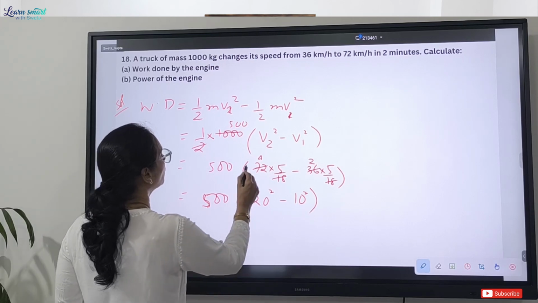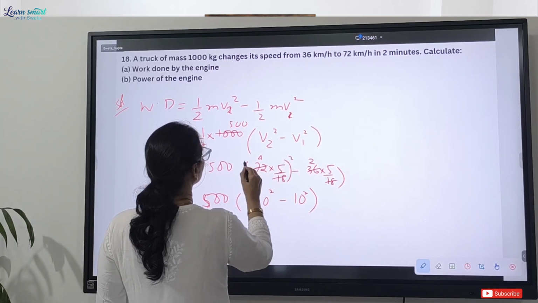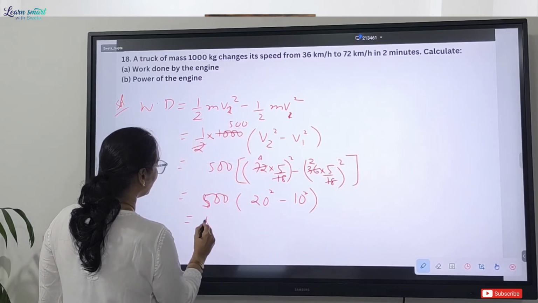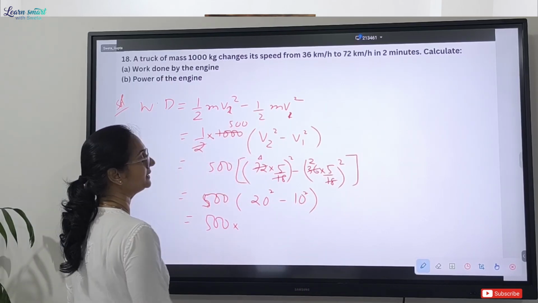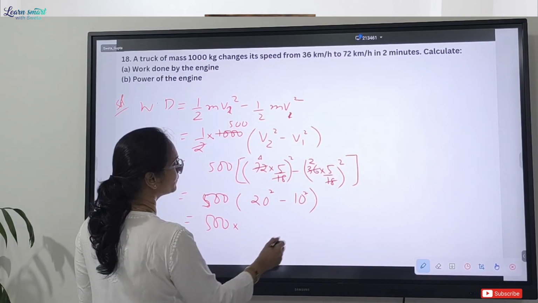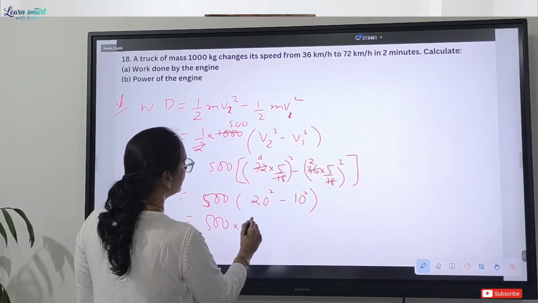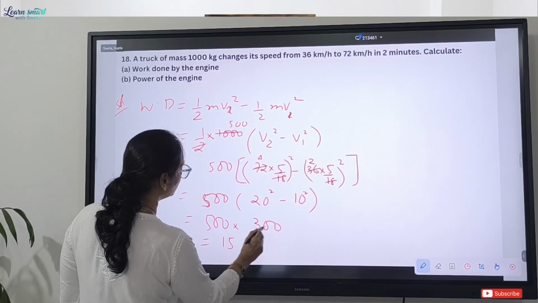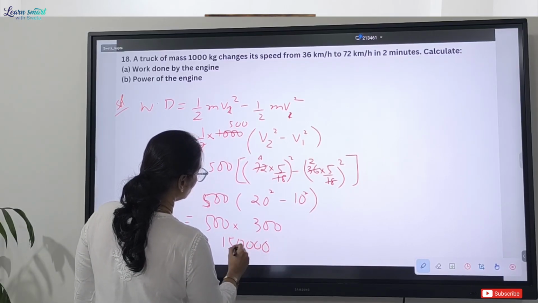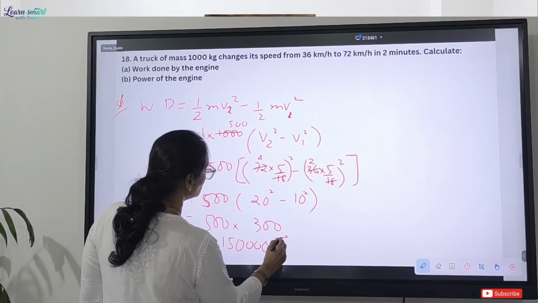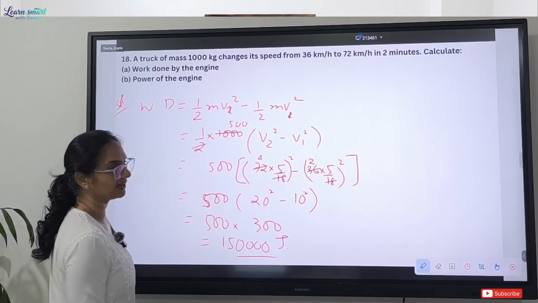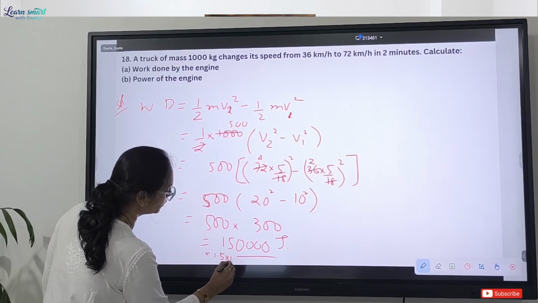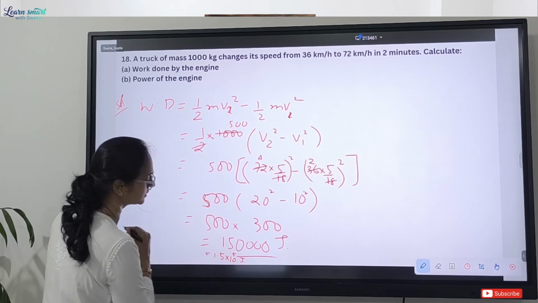So this whole square minus this whole square. So we will get 500 into 20 square is 400 and 10 square is 100. 400 minus 100 is 300. So 5 into 3 is 15 and 4 zeros, which means 1,50,000 joules. Or we can also write 1.5 into 10 to the power 5 joules.